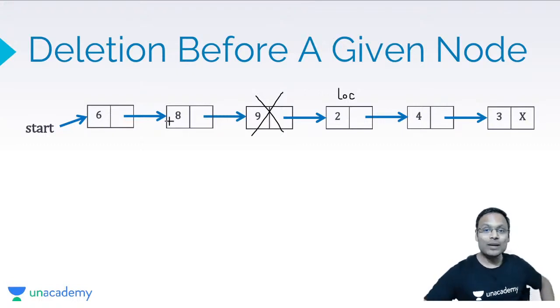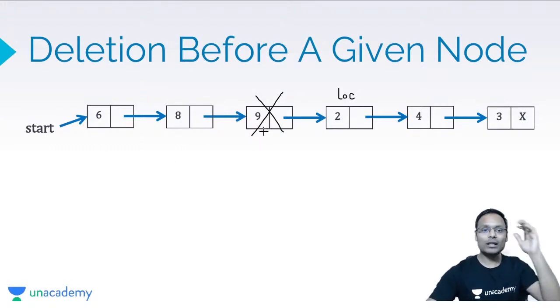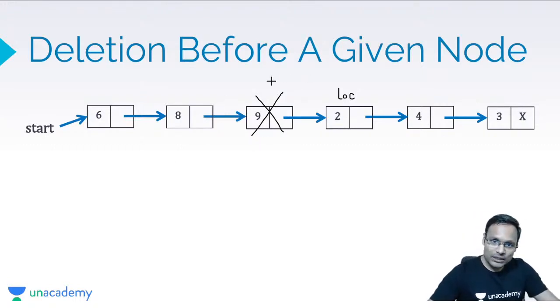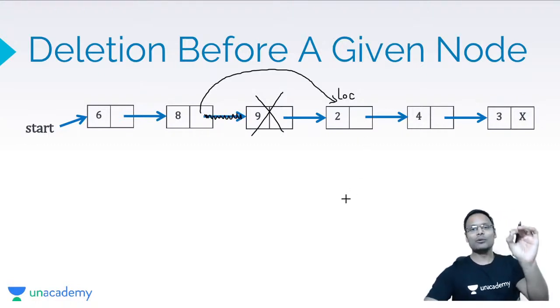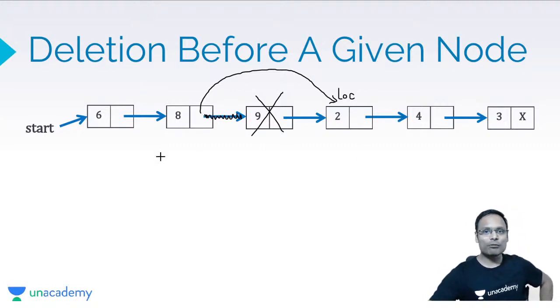First of all, you will have to understand, if you want to delete this particular node, what pointers or links you will have to change. The link part of LOC's predecessor's predecessor should now be updated by LOC. But do I know the address of this second predecessor of LOC?